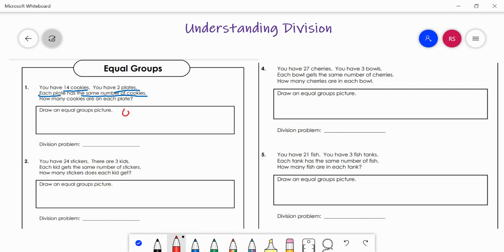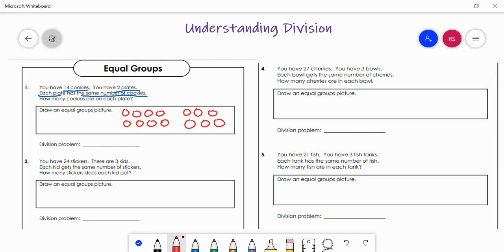So I have 1, 2, 3, 4, 5, 6, 7, 8, 9, 10, 11, 12, 13, 14. This is a total of 14. Now, I didn't put them in any groups yet. I didn't distribute them evenly.